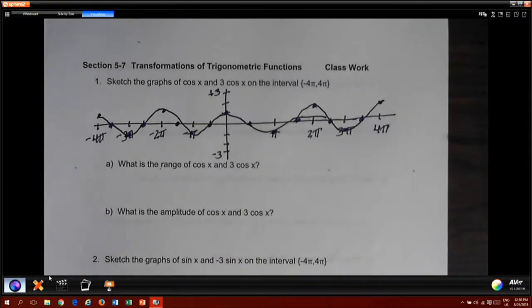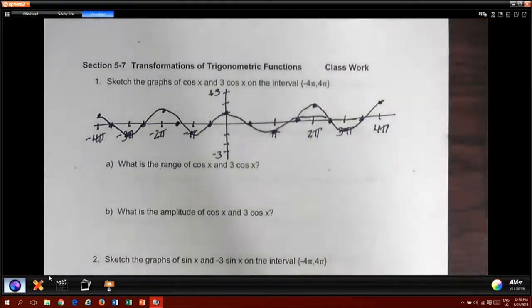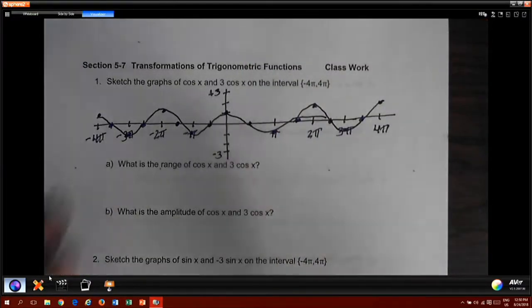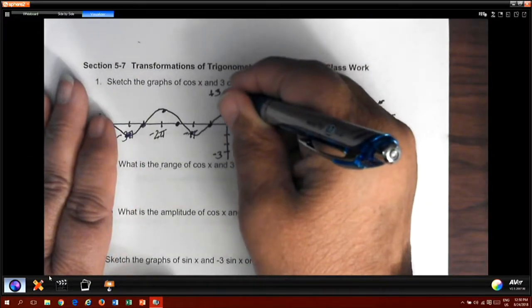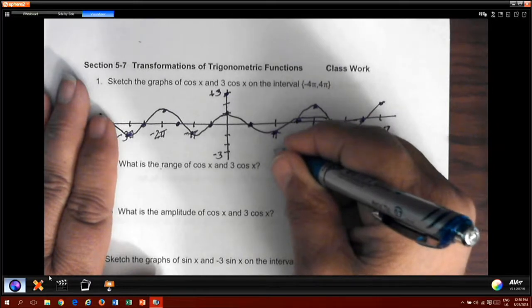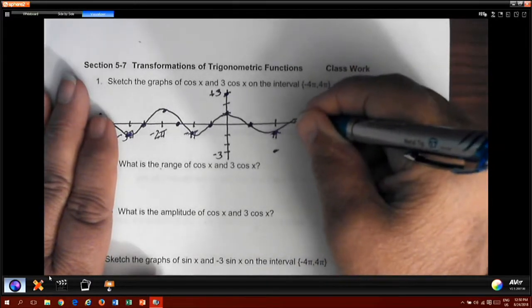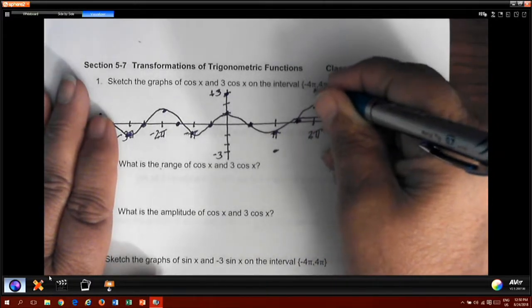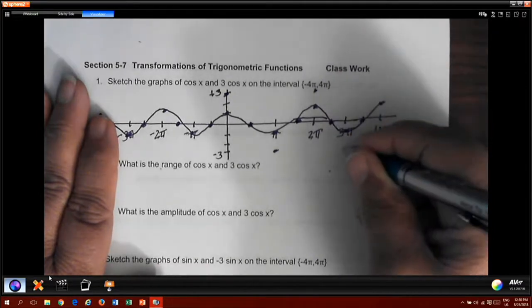So it looks something like this. Now, if we take that function and multiply it by 3, that means instead of starting at 1, we're starting at 3. We're still going to 0. We're going down to negative 3. So we're changing what we call the amplitude.